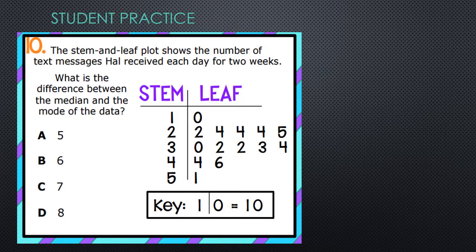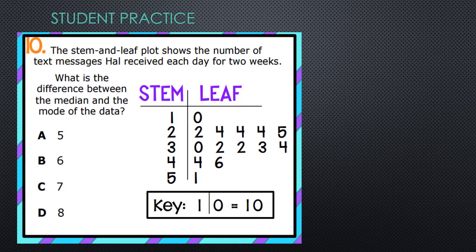Okay, let's practice another problem together. The stem and leaf plot shows the number of text messages Hal received each day for 2 weeks. What is the difference between the median and the mode of the data? I'll give you a few seconds to think about the important information out of that problem, what you need in order to answer the question.